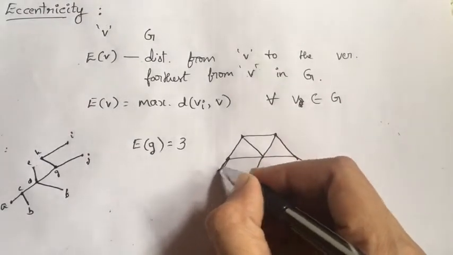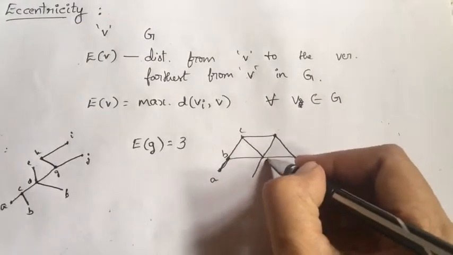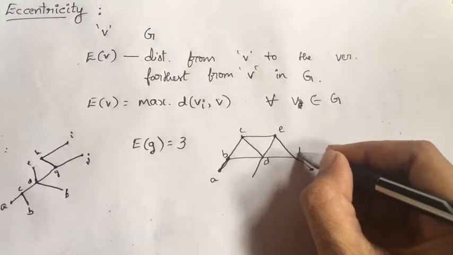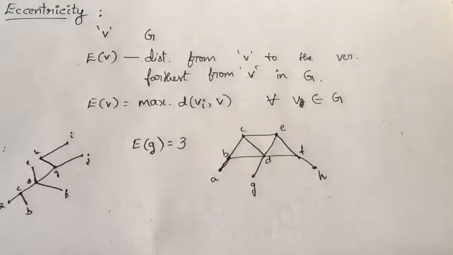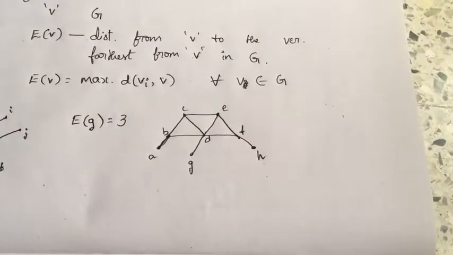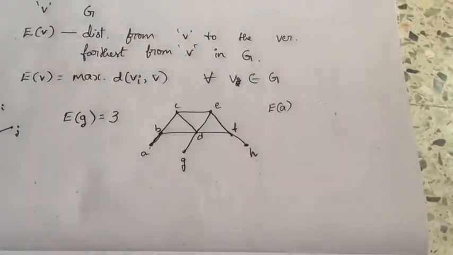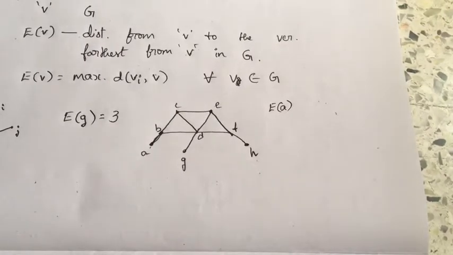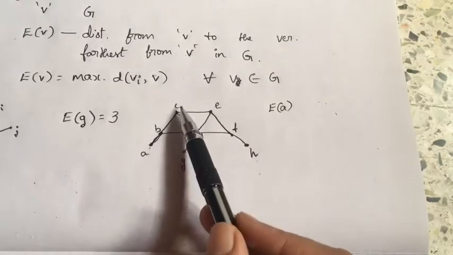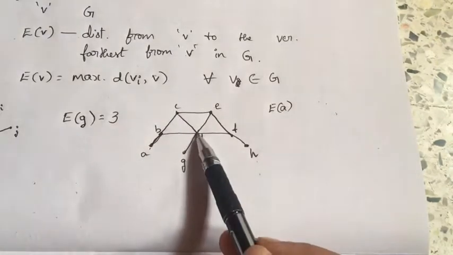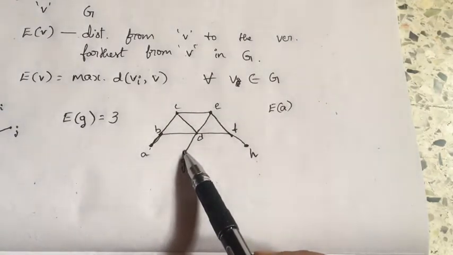This is my graph, say A, B, C, D, E, F, G and H. Now for this I'll find the eccentricity of A. It's the maximum distance from A to the vertex which is farthest from A. This is at distance 1. These two are at distance 2. This and this are at distance 3.